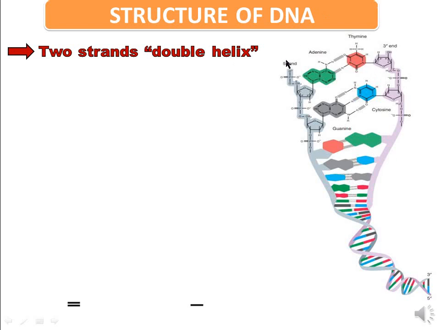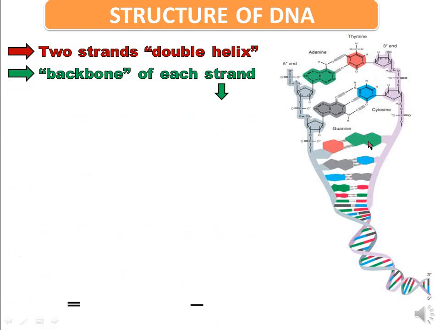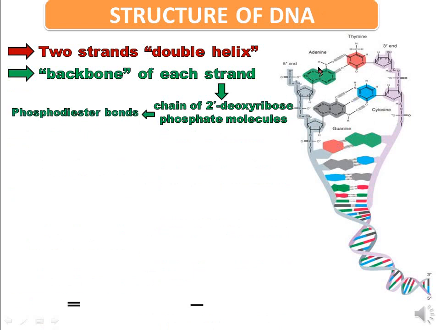And if I talk about the backbone, the two strands are made up of a chain of deoxyribose phosphate molecules. And if I talk about how these molecules are bonded to each other, there is a phosphodiester bond between these deoxyribose phosphate molecules.